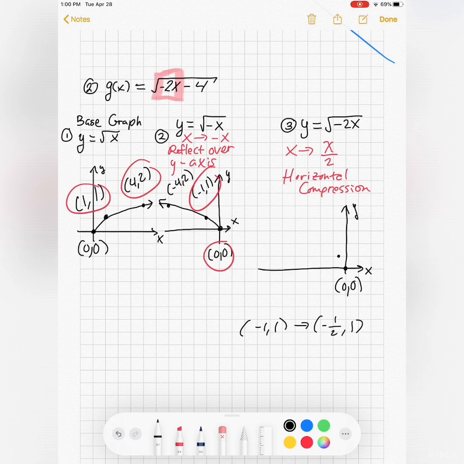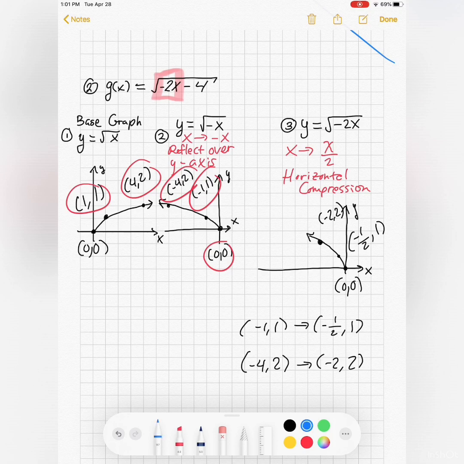So -1/2, 1. Okay, -4, 2. Divide the x by 2, -2, 2. And so there's that compressed root function.